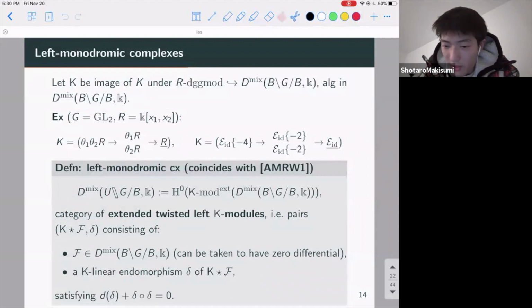So what I mean by that is, let's take some object in the Hecke category. And then if I convolve it with this special Koszul complex, then this naturally becomes a left module over K. And then I can take some further twist of it. And for this whole thing to again be a complex, this additional differential delta has to satisfy this Maurer-Cartan equation.